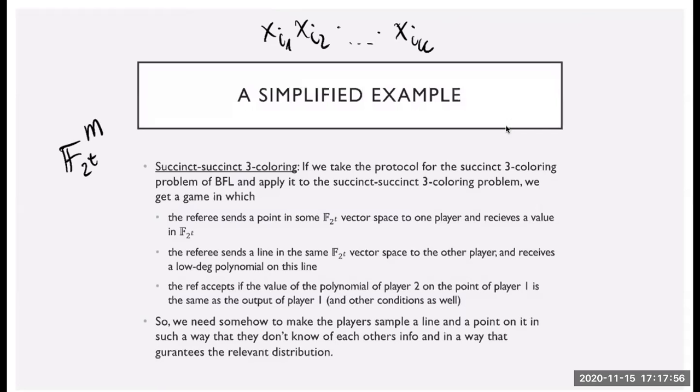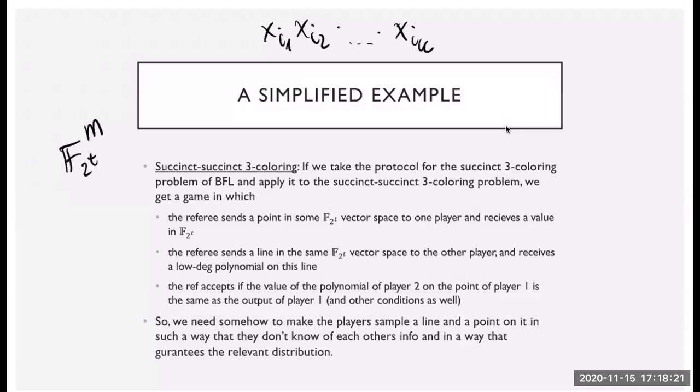And the way you check that this is actually a multilinear polynomial is that you give one player a line in your vector space, and you give the other player a point on this line. You expect the line player to answer with a one variable polynomial, because if you restrict the polynomial to this line, you get a polynomial with only one variable.